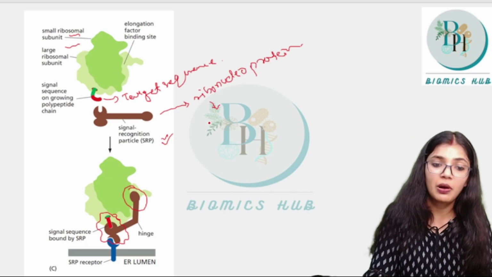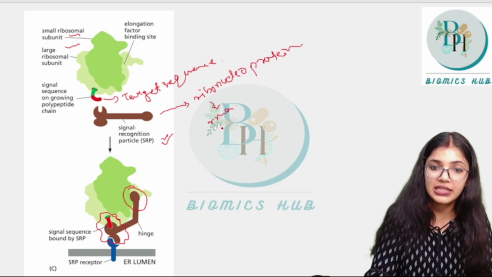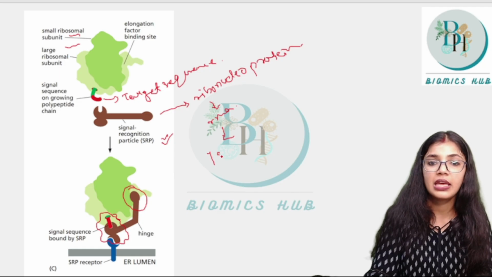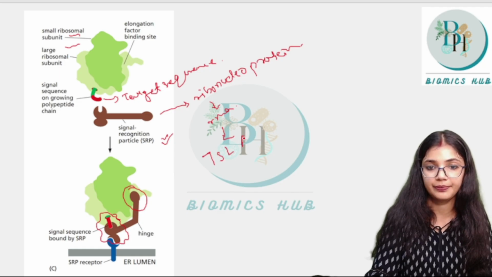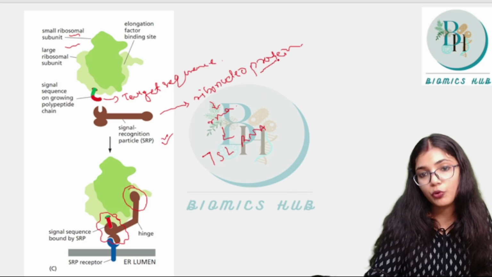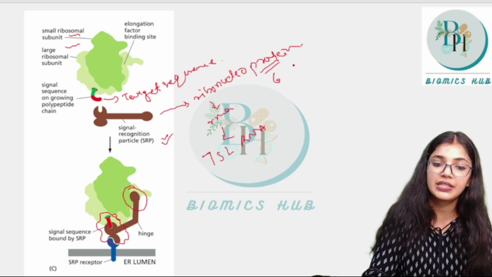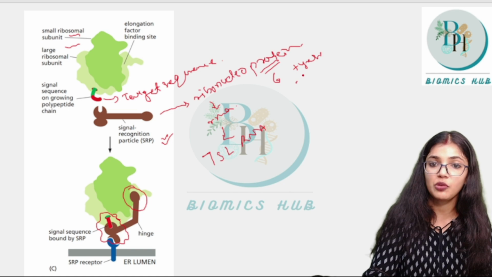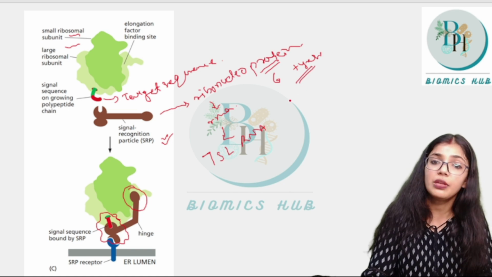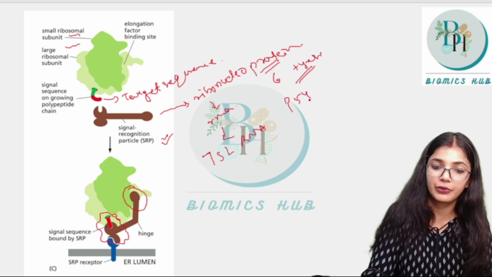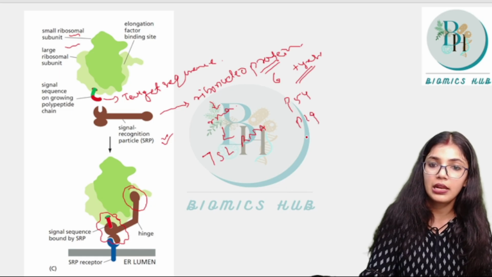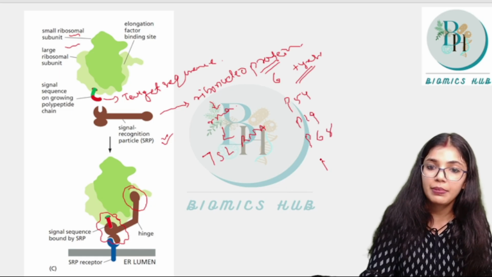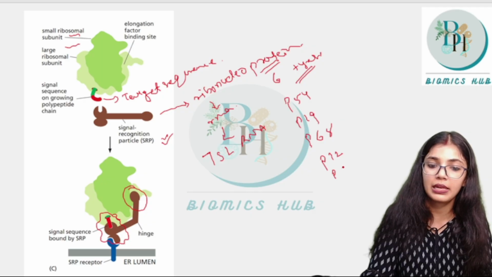The RNA is known as 7SL RNA, and the protein part is made up of 6 types of proteins: P54, P19, P68, P72, P9 and P14.